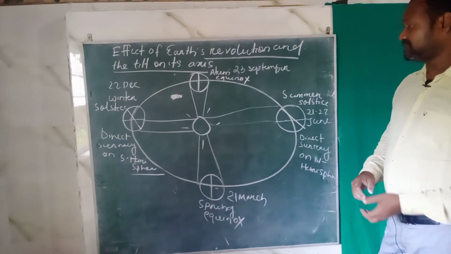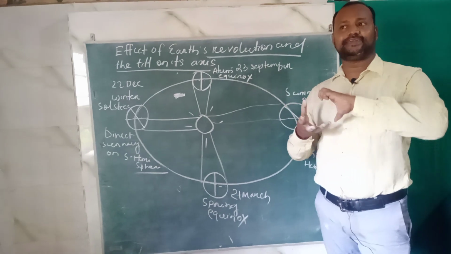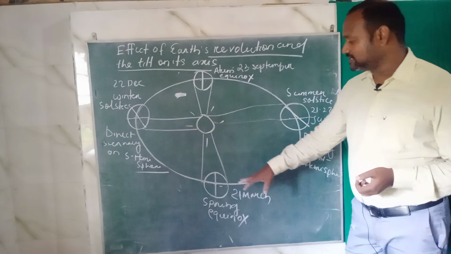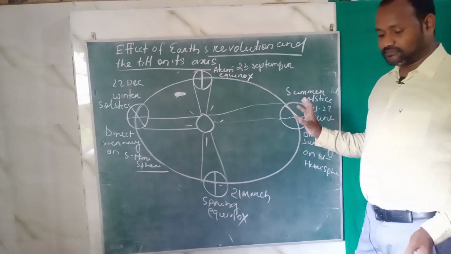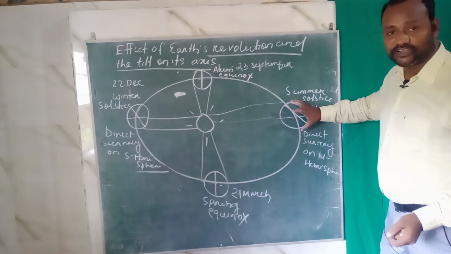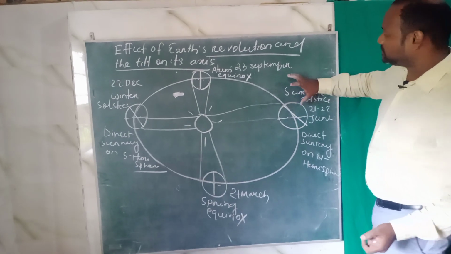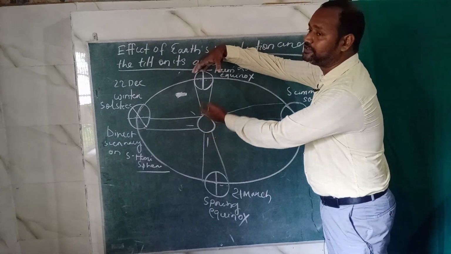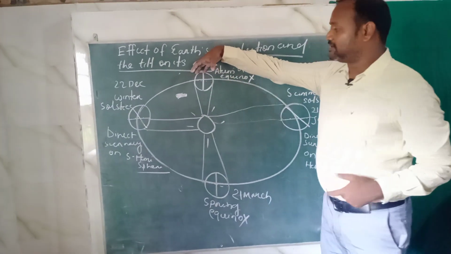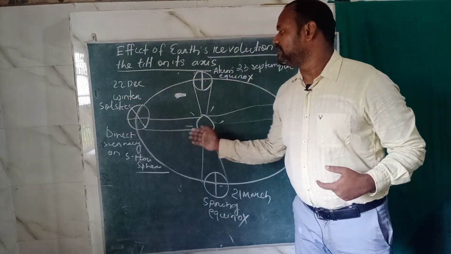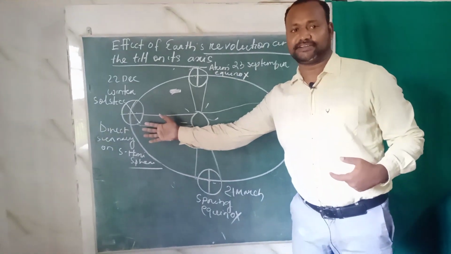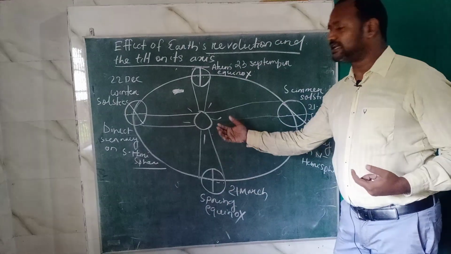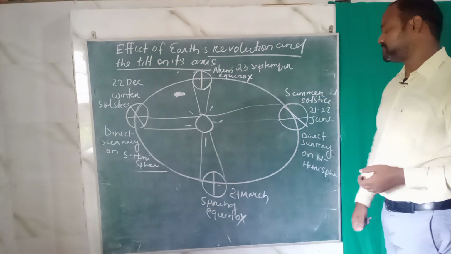So listen students, while rotating and revolving around the sun, what happens? Here you can see we have the direct sun ray over the northern hemisphere, and the earth starts rotating and revolving, and here we have the direct sun ray on both hemispheres. Then when it revolves, the southern hemisphere gets the direct sun ray, then again it comes to this position, and the direct sun ray falls equally on both hemispheres.